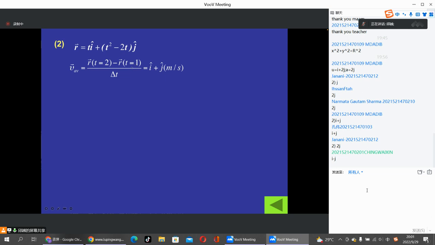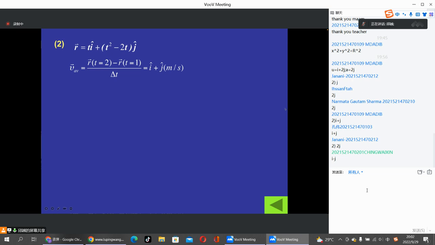And when t equals 1, we have 1i and minus j. And by using this equation, r when t equals 2 minus r when t equals 1 over delta t, we have the average velocity i and j meters per second.